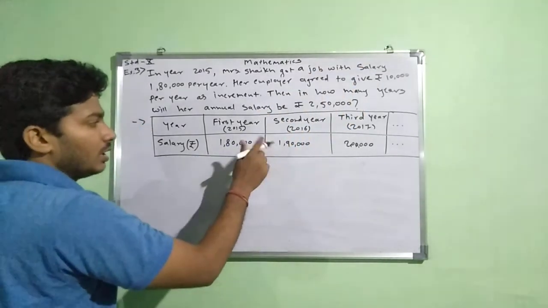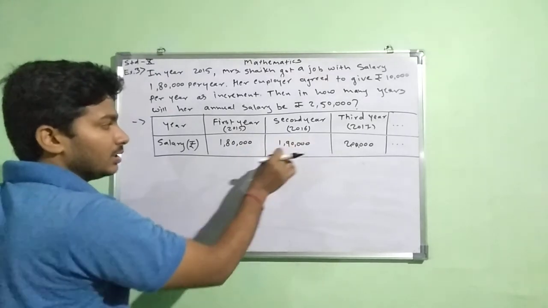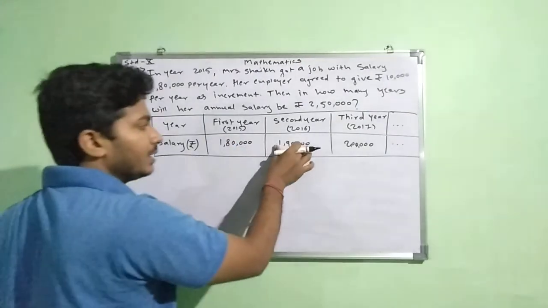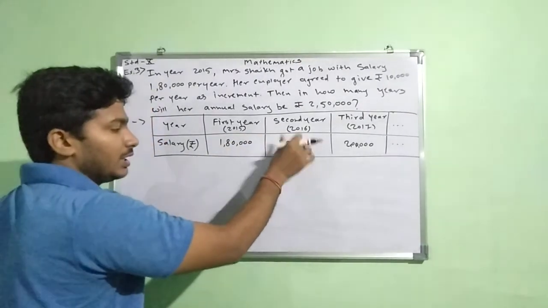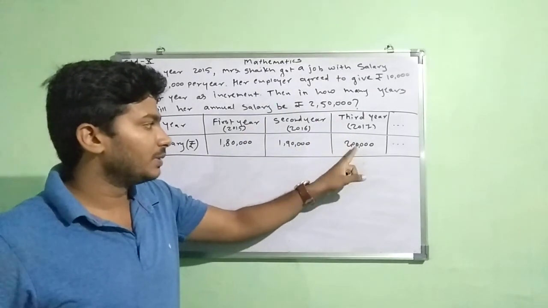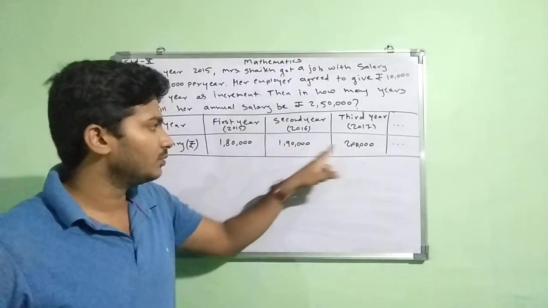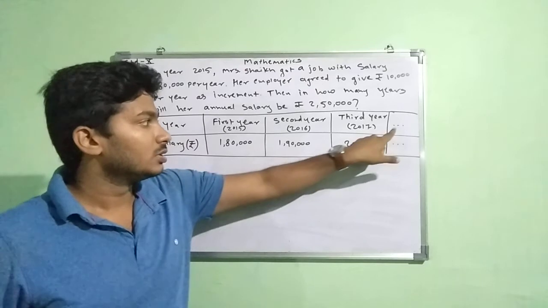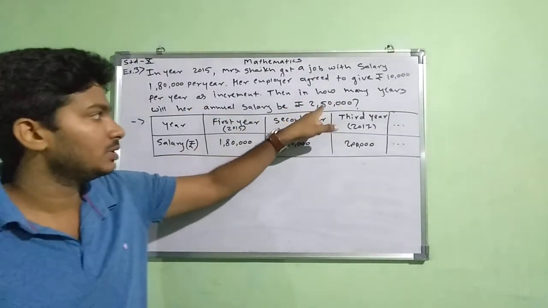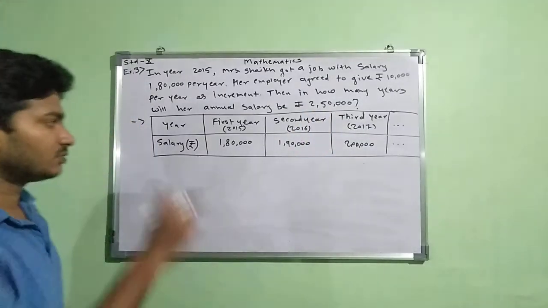So her salary will become 1,90,000, which is 1,80,000 plus 10,000. Similarly, in the third year her salary will become 2 lakh, an addition of 10,000 again. So we have to find in how many years her annual salary will become 2,50,000 rupees per year.